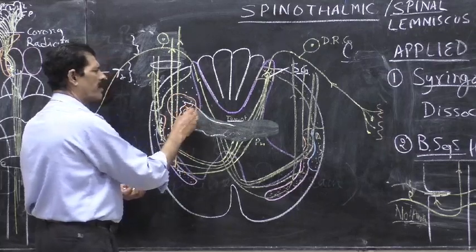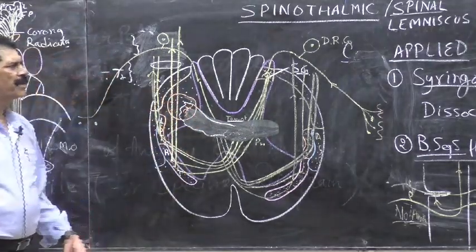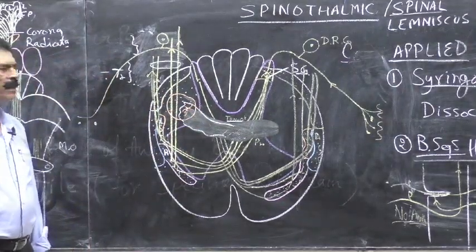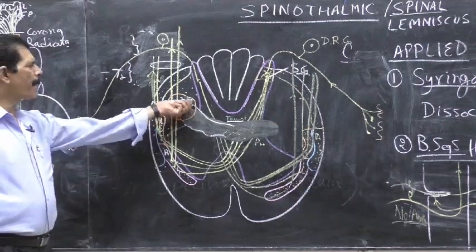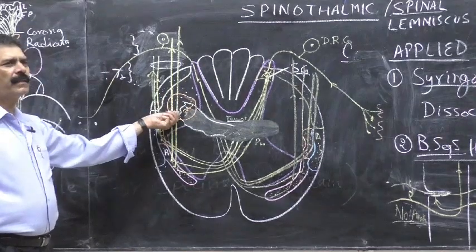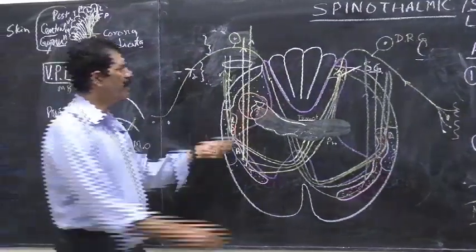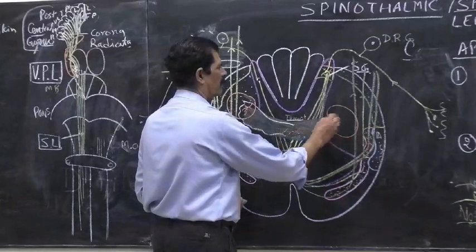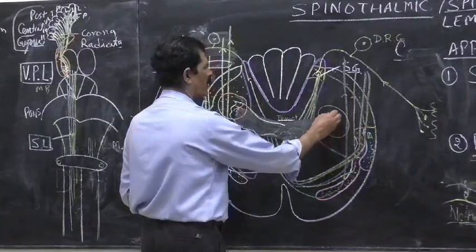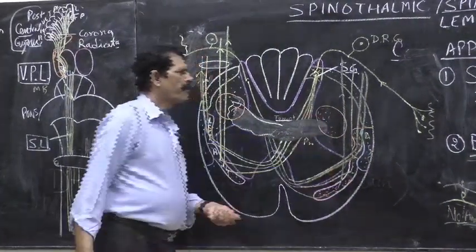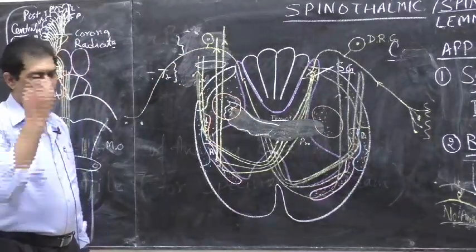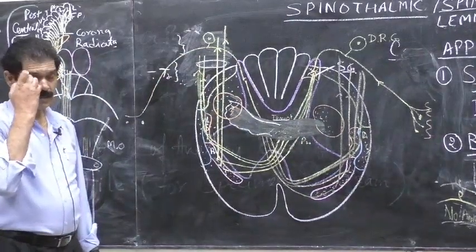So the lateral corticospinal fibers are also damaged by the Syringomyelia. And with this damage, what will happen? The patient feels a bilateral loss of muscle contraction, that is, bilateral paralysis.